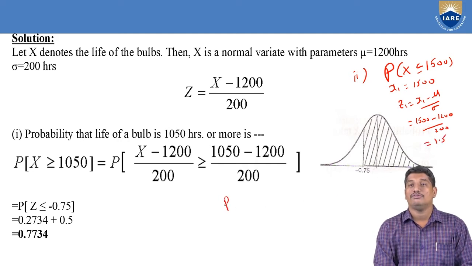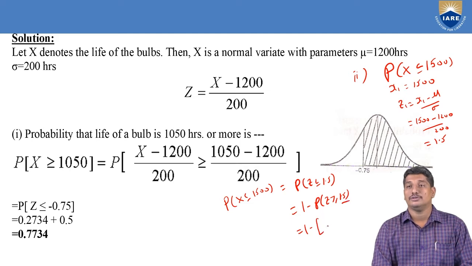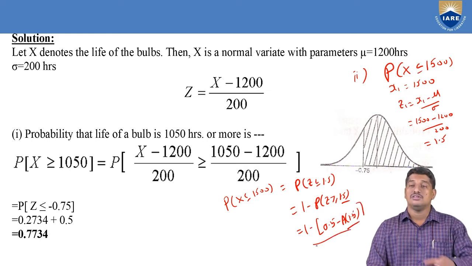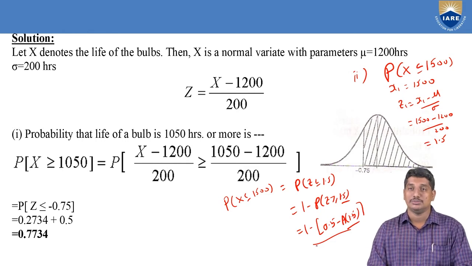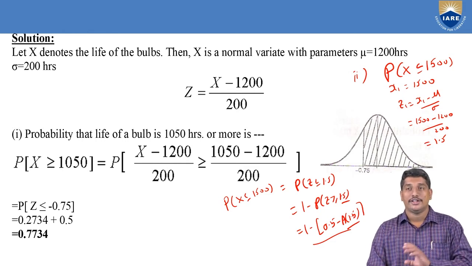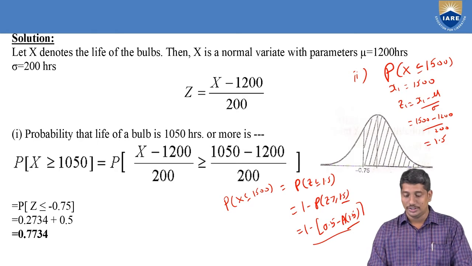So P of x less than or equal to 1500 is equal to P of z less than or equal to 1.5, that is 1 minus P of z greater than or equal to 1.5. Because this is positive, we have to add half and A of 1.5, and from the table you can find this value and the answer. This is how we apply normal distribution to find real-time probabilities in various situations.